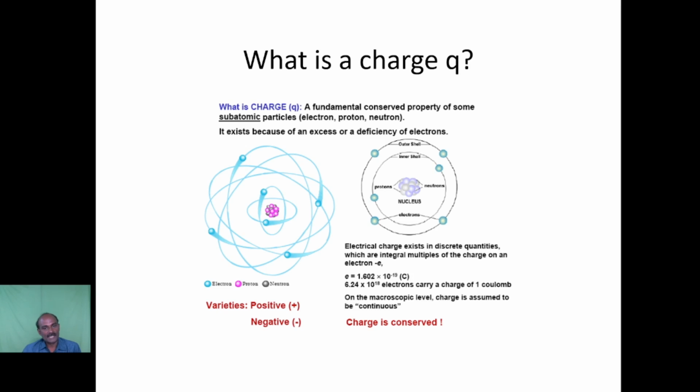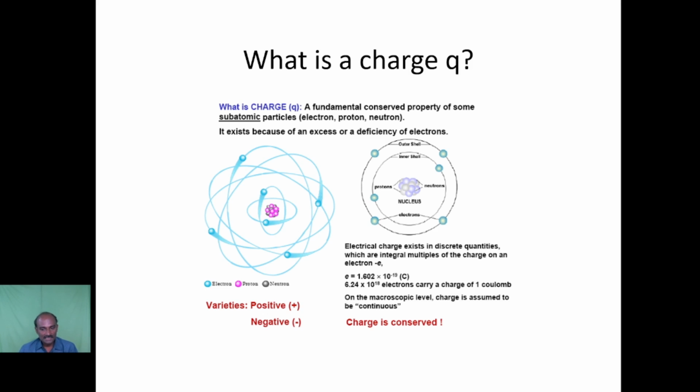So in electromagnetics, the charge is fundamental. The charge of an electron is negative. Its charge value is 1.602 into 10 power minus 19 coulomb. So it is the most infinitesimal fundamental particle. And 6.24 into 10 power 18 electrons carry a charge of 1 coulomb.